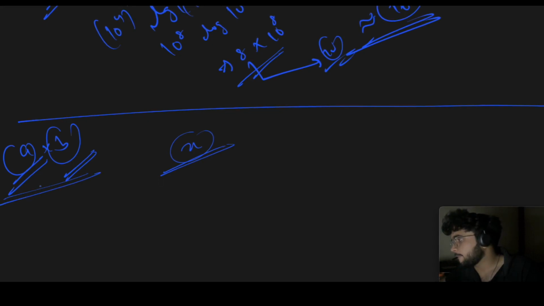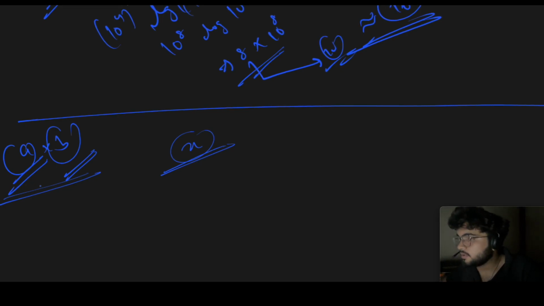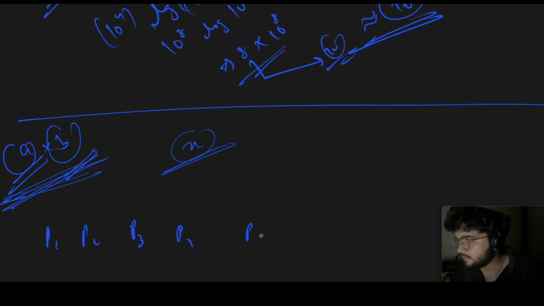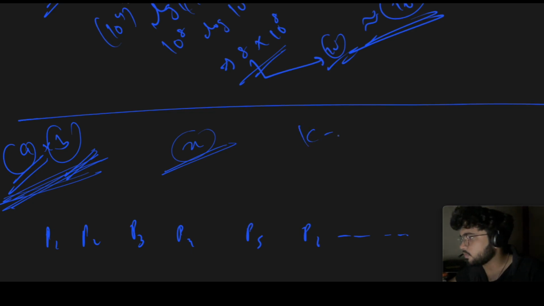Can we do this? Let's say using this combination we get products p1, p2, p3, p4, p5, p6, and so on. Let's say k is 4. So p4 is our answer.